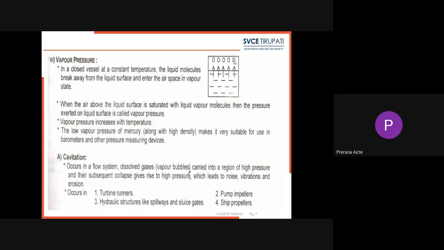Dissolved gases carried into a region of high pressure and their subsequent collapse give rise to high pressure, which leads to noise, vibrations and erosion. Mainly due to obstruction of the water at high pressure, the cavitation forms as vapor molecules. Usually this cavitation occurs in turbine runners, pump impellers, hydraulic structures like spillways and sluice gates, and ship propellers.